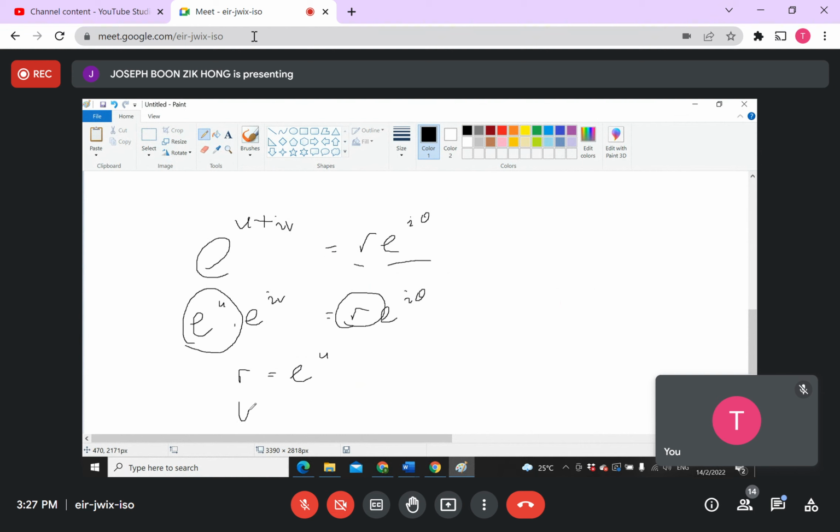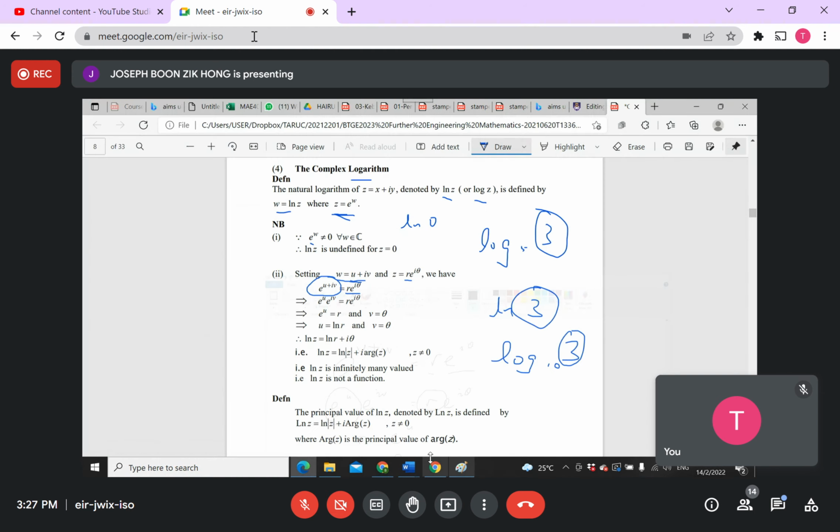In other words, v will be your θ. So v is equal to θ, e^u is r, which means u will be log r. v is still the same.